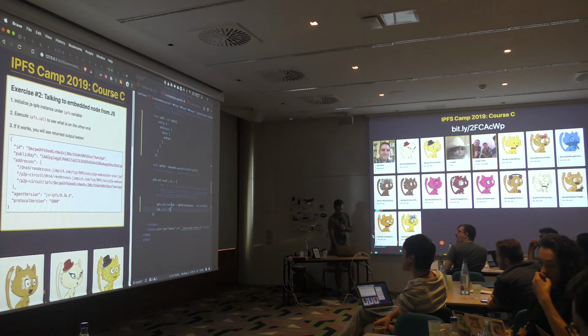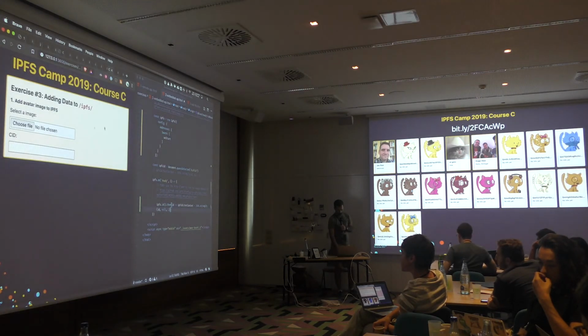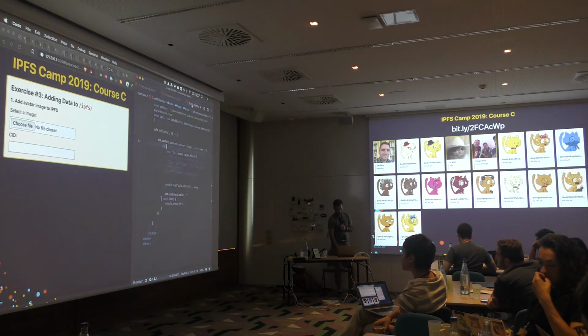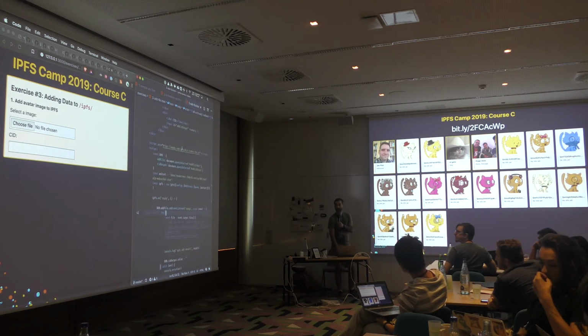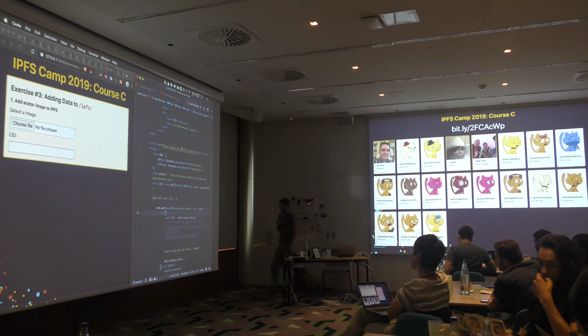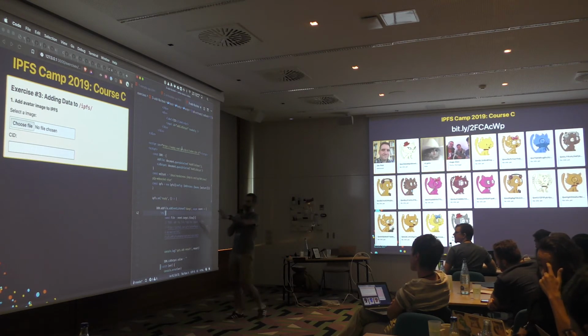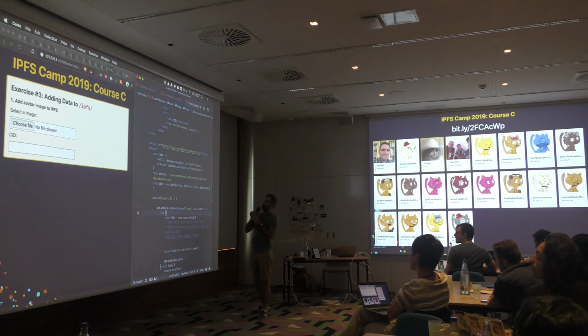Let's go back. Let's go into exercise number 3. Let's get the third file, which is named add file. As you can see, everything you did before is already there, and you don't need to worry about it.